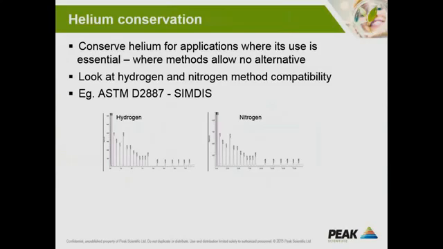But there are an increasing number of methods that have been revalidated for use with hydrogen and nitrogen, and I've just got the example here of an ASTM SIMDIS method, which is actually available for the use of both hydrogen and nitrogen as alternatives to helium.